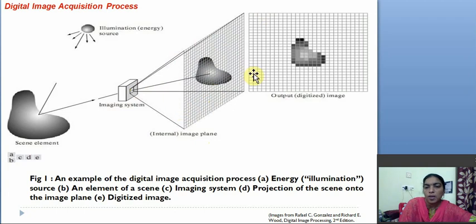By using the sampling and quantization process, we convert this analog image into a digital image. So this is the digital image acquisition process.